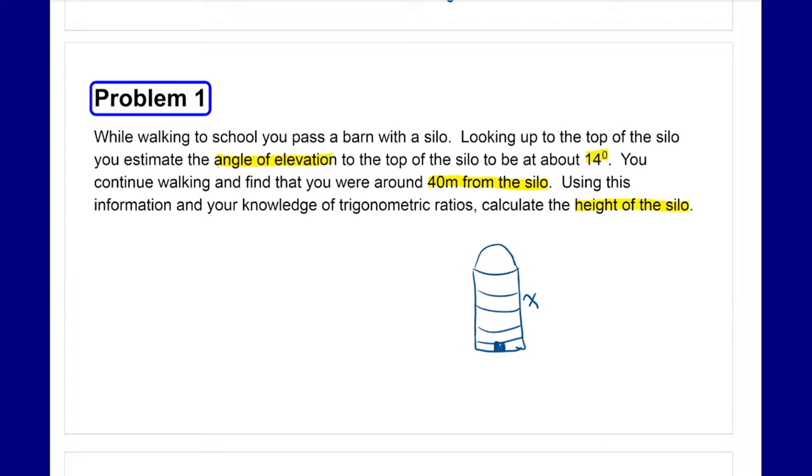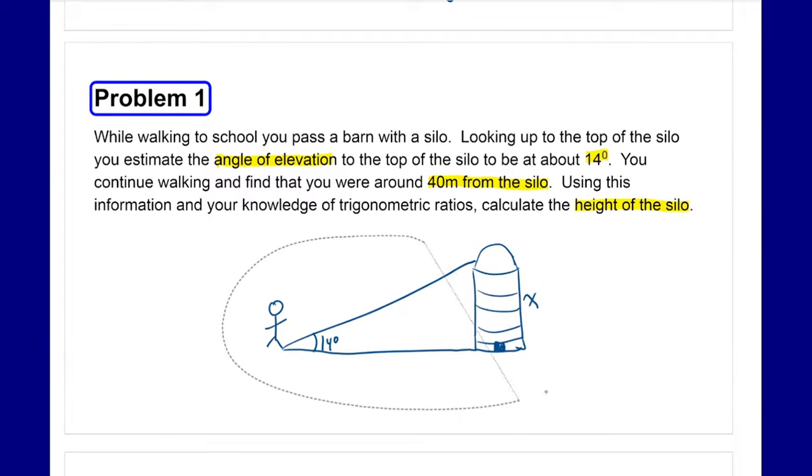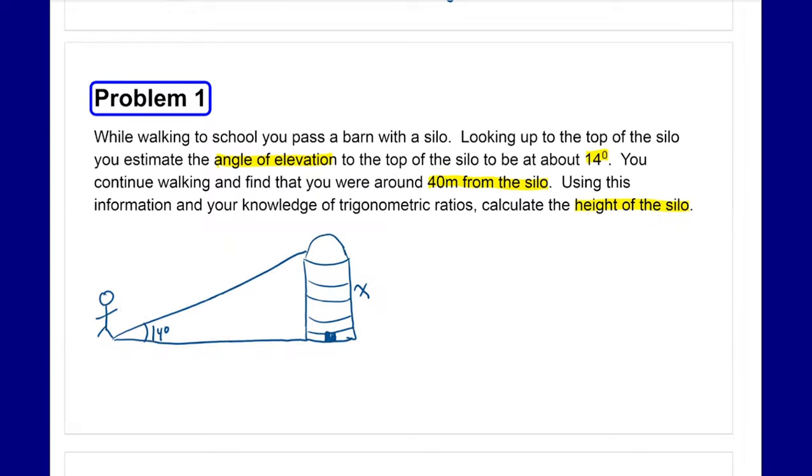We know that when we were standing 40 meters away, our angle of elevation to the top was 14 degrees. And again, we said it was 40 meters away, and we want to find the height.